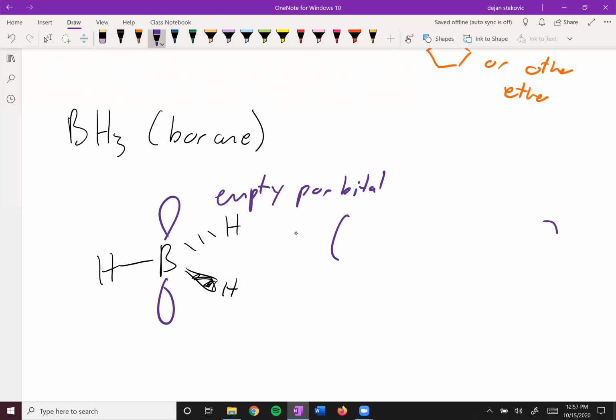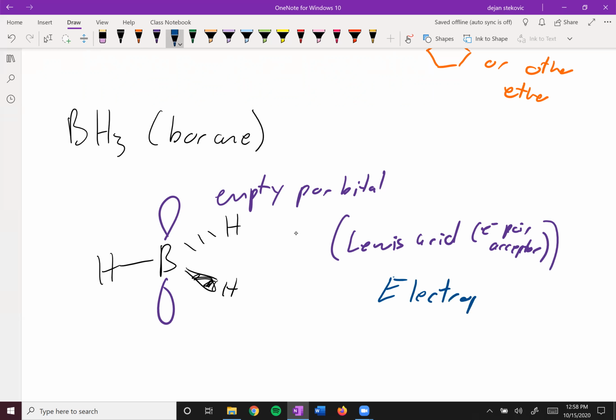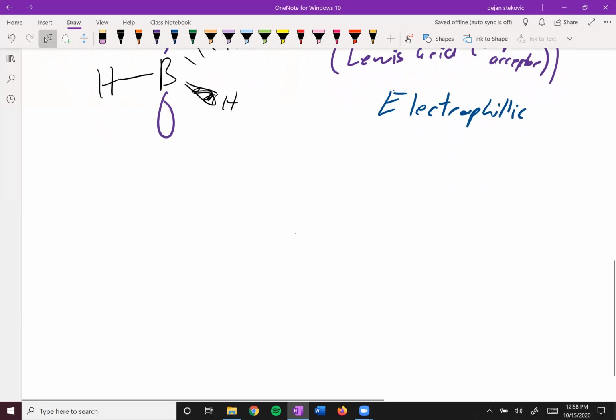And so what that means is that it can accept electrons into this empty p orbital, and it acts like a Lewis acid. A Lewis acid is an electron pair acceptor, which makes this borane overall very electrophilic. So it wants electrons to come in and attack.